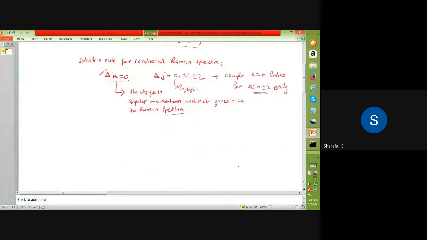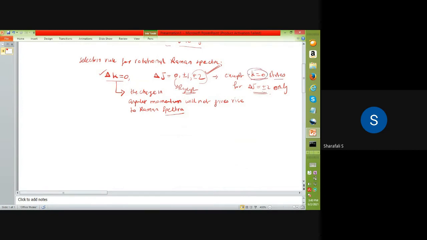And if you consider the second selection rule as we discussed, 0 is corresponding to Rayleigh scattering. And plus or minus 2, we already discussed about this particular series of lines in case of the rotational spectral pattern. And this condition is also there. This selection rule is valid except k equal to 0 states for delta j equal to plus 1.